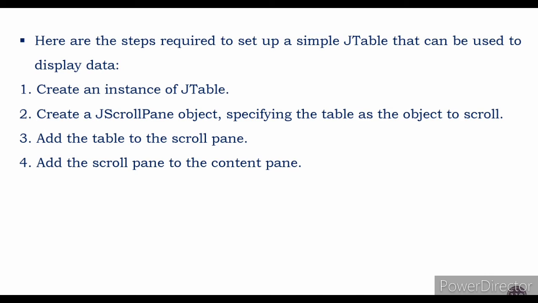First we need to create the instance of JTable. Next we need to create a JScrollPane object specifying the table as the object to scroll, meaning we pass that JTable to the JScrollPane while creating it. Next we need to add the table to the scroll pane.